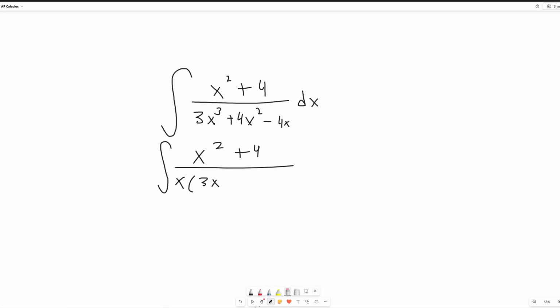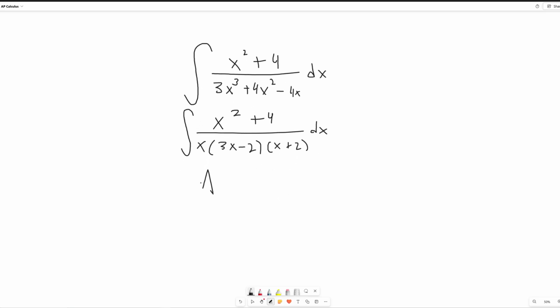So 3x minus 2, and then x plus 2 dx. So now, we have 3 factors here. Okay, so we need to split this up. A over x plus b over 3x minus 2 plus c over x plus 2.